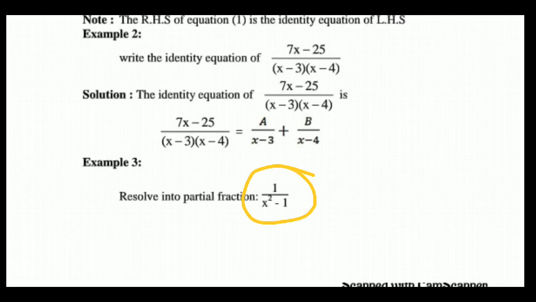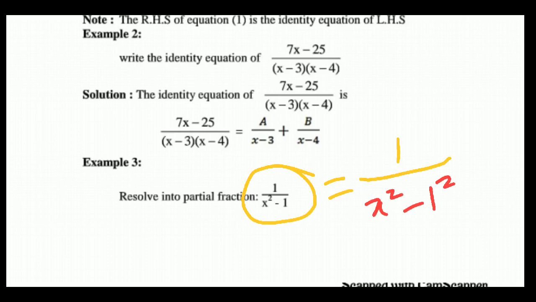So for solving this problem, first you have to take the right hand side. Look at the denominator: the numerator is 1, but the denominator is x square minus 1. This may be written as x square minus 1 square, isn't it? Because 1 square is nothing but 1, I have taken instead of x square minus 1, x square minus 1 square.